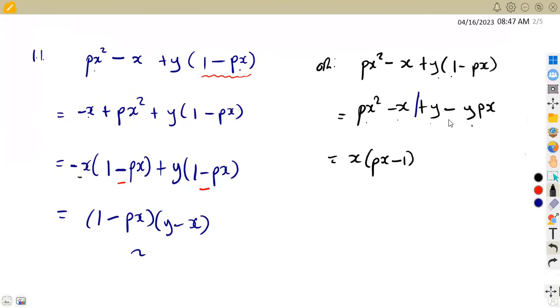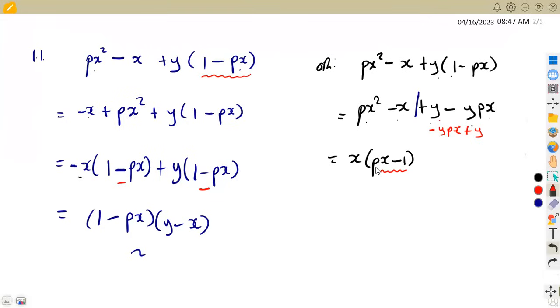On the other part, you have to ask yourself what is common that you're going to factor out so that you have the same bracket of px minus 1. And take note on this part, this is y minus y px, of which it's best for us to write it as minus y px plus y. We never changed anything. The minus stays as it is, the positive as it is.